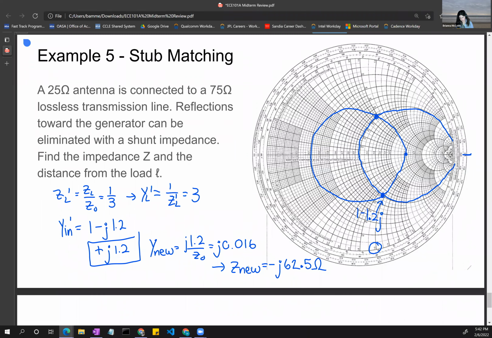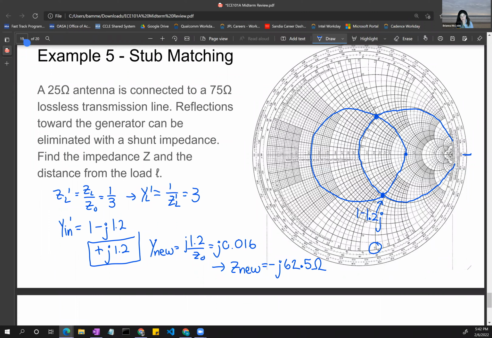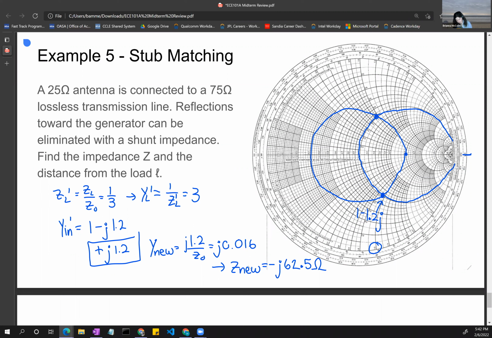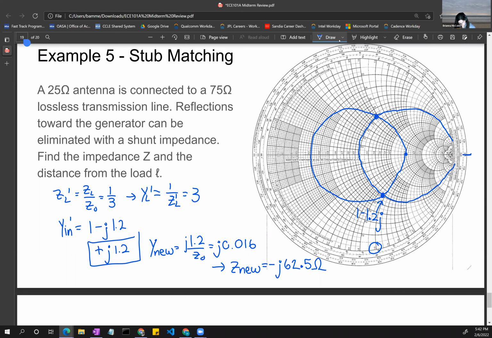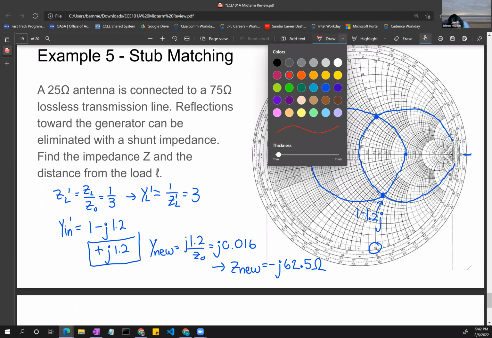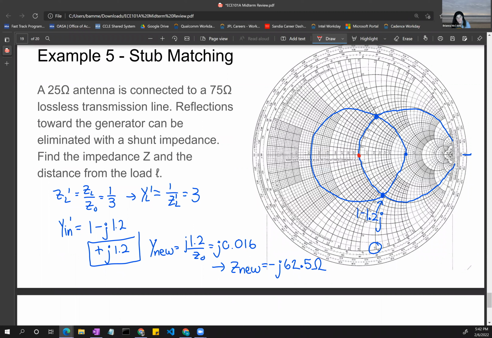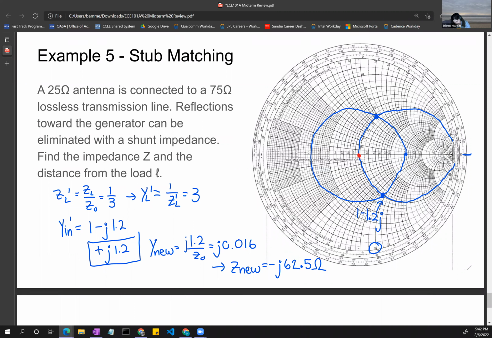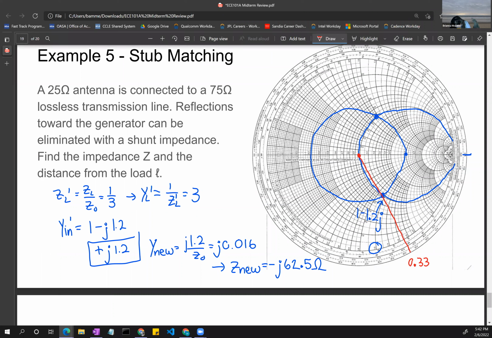So we now have this new impedance that we're adding, which we found the value to. And then we need to find the distance L from the load. And so that is just looking at where, let's see. If we start from the center point and we draw a line that intersects with this point, this is about 0.336 lambda.